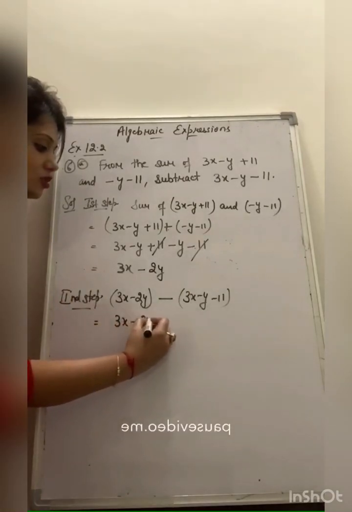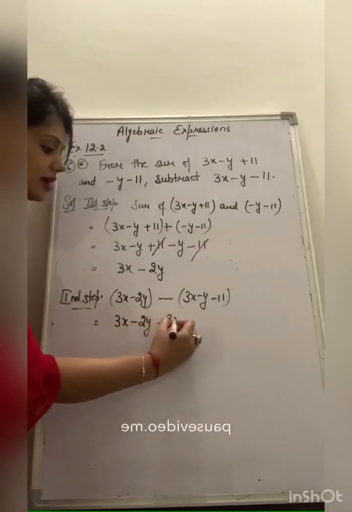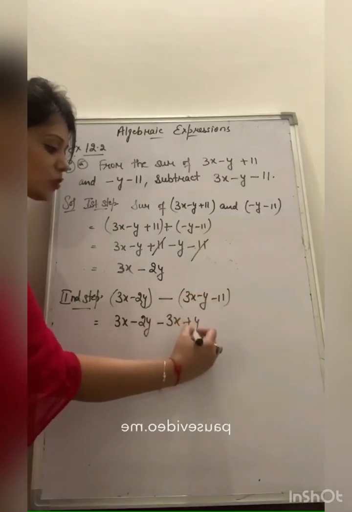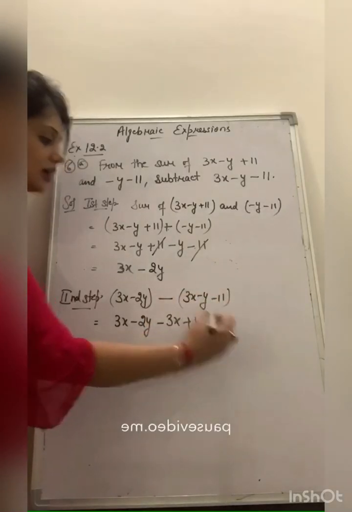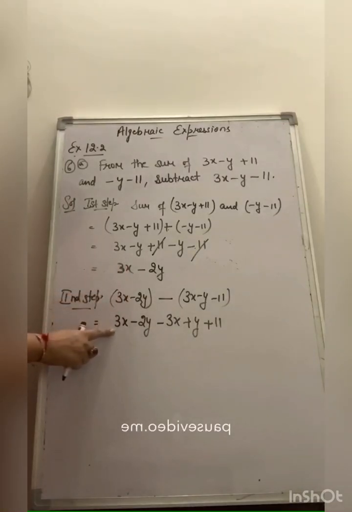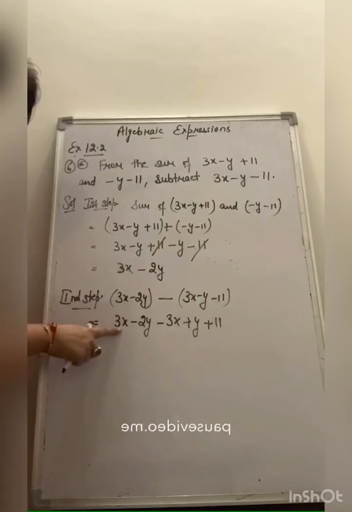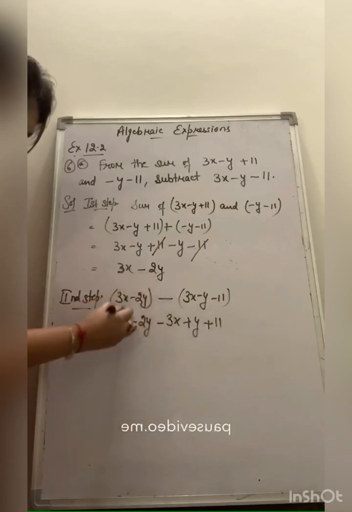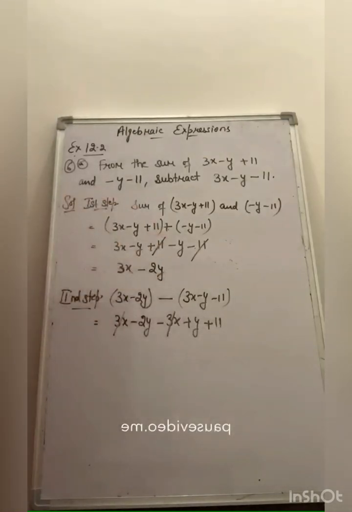3x minus 2y minus 3x minus minus plus y minus minus plus 11. So now let us solve it further. 3x means no sign in front, it means plus 3x. 3x minus 3x, it will get cancelled. One 3x is positive, other 3x is negative, so it will get cancelled, right?